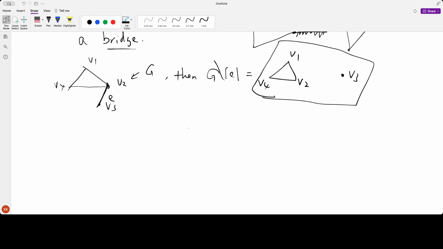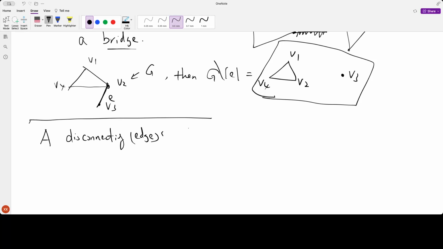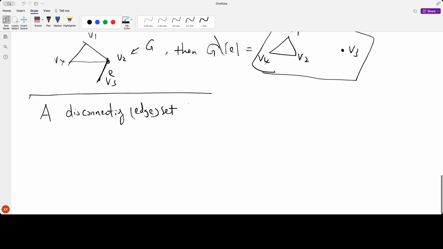How about when you delete one edge and it's not enough? Let's give more definitions. A disconnecting edge set. In the previous definition, one edge is a disconnecting edge set.